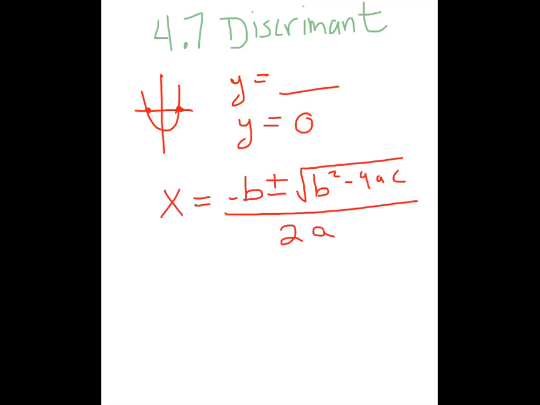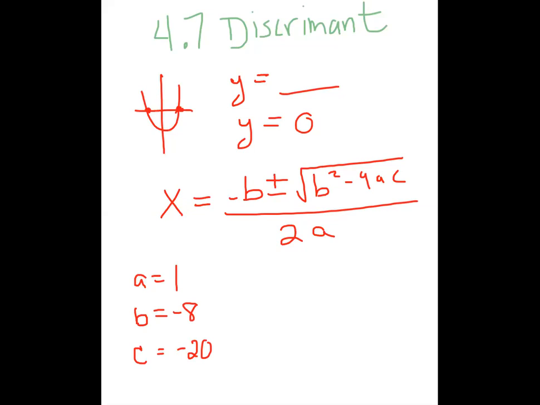So if you look at number 1 on your discriminant document, the a value is the number in front of x squared, so that's just 1. The b value is -8, and the c value is -20.